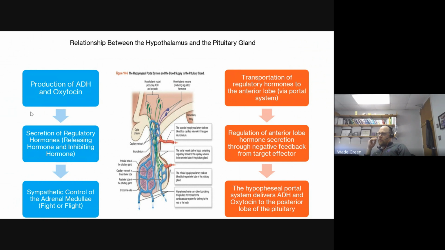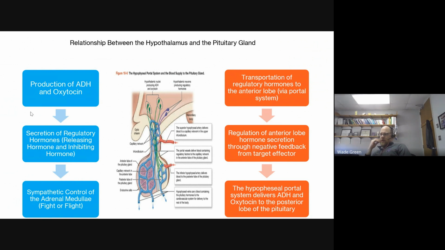So the posterior pituitary gland, as we also mentioned, helps us regulate the secretion of ADH and oxytocin, but also regulates the secretion of the anterior lobe.